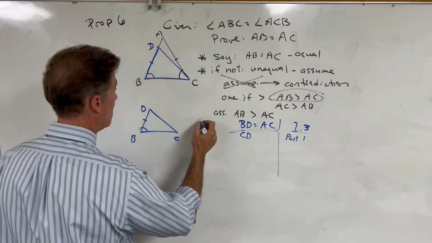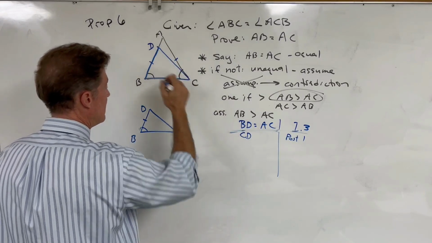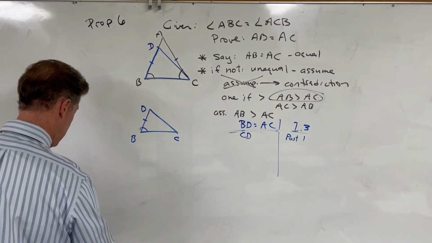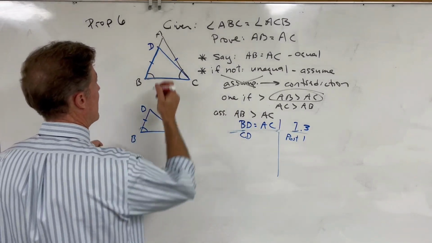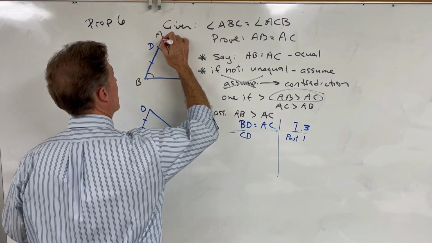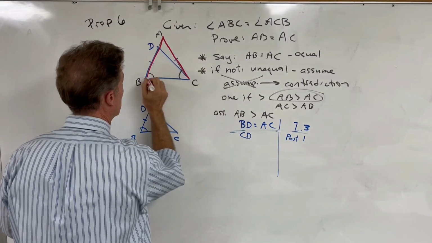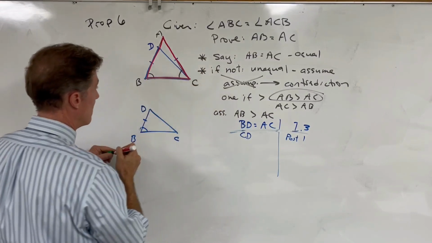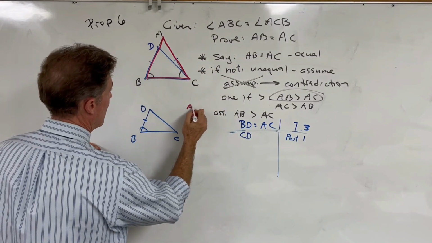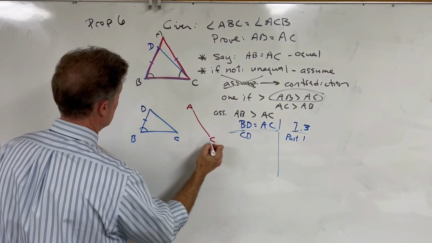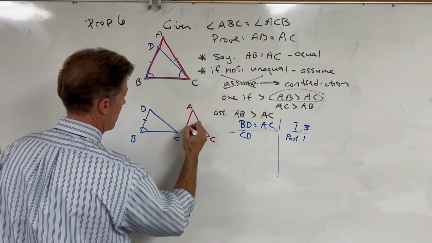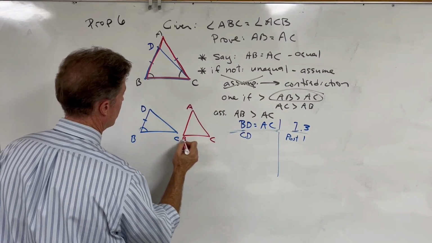And we have triangle ACB, and I'm going to make that red so it pops.